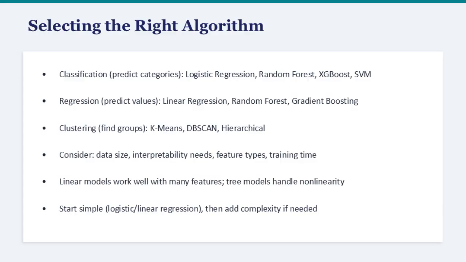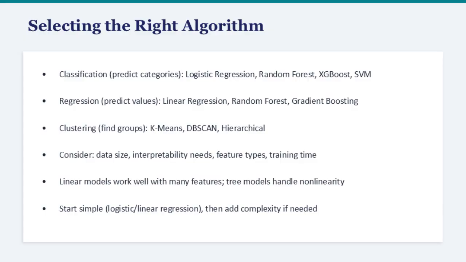For regression, where you have to predict continuous values like house prices, use linear regression, random forest, or gradient boosting. For clustering, where you have to find groupings in unlabeled data, consider using k-means, DBSCAN, or hierarchical clustering.